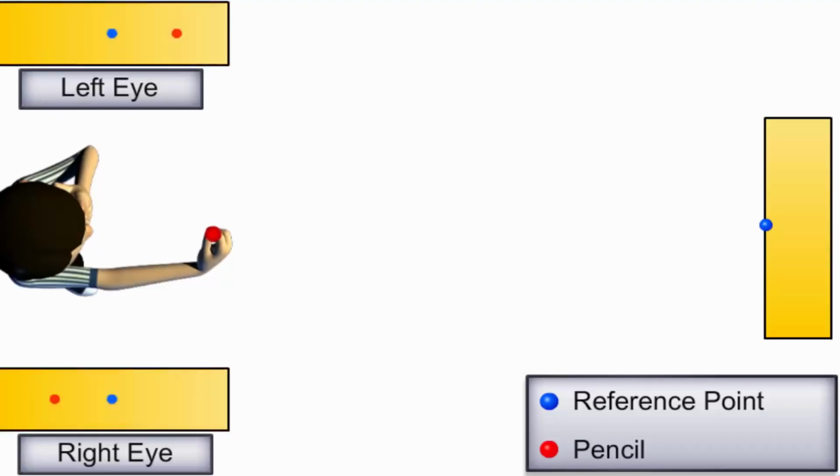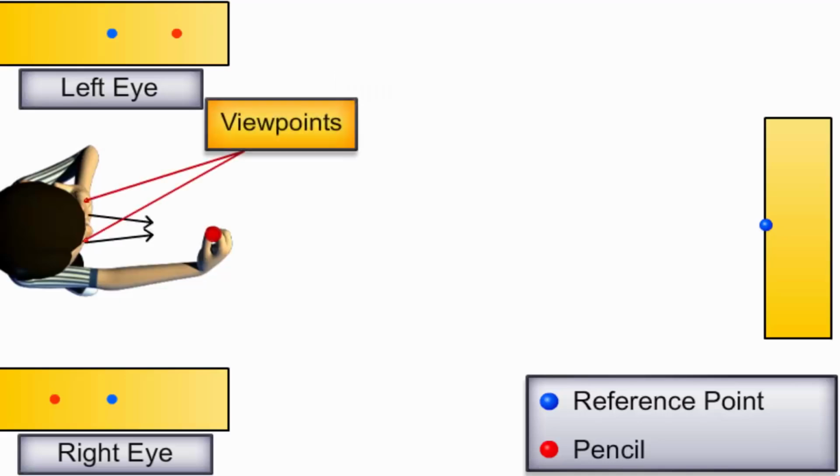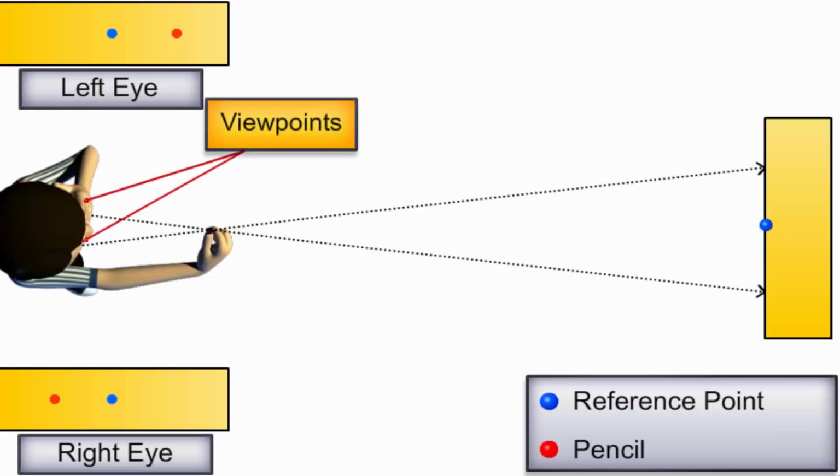This is called parallax. You may call the two eyes two different viewpoints, since, when used separately, they create different lines of sight.